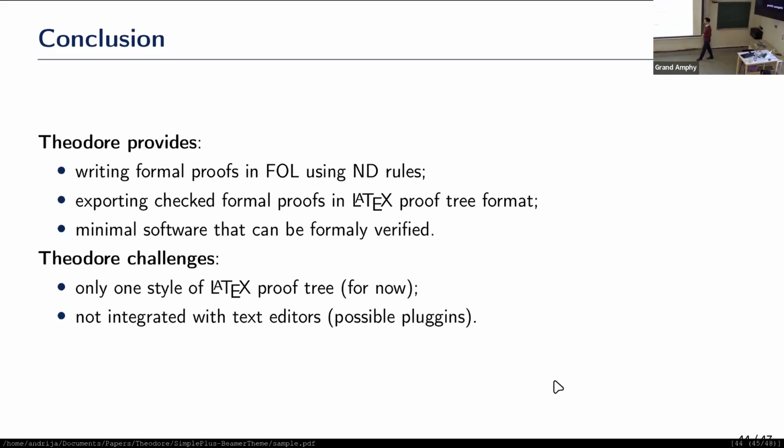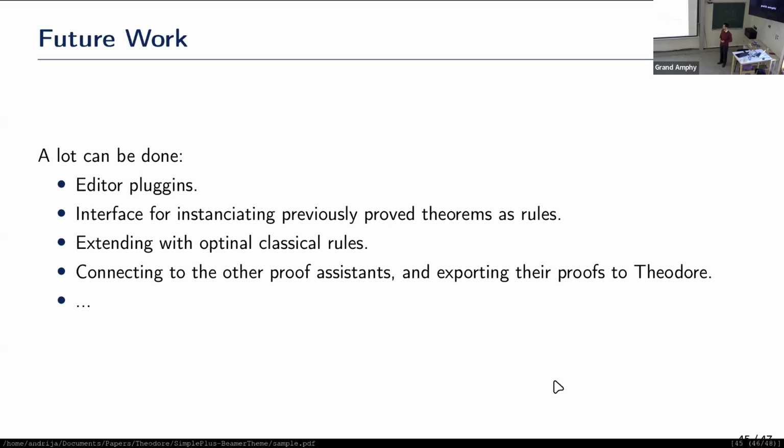So it would be nice to make some plugins for this, possibly for VS Code or Emacs or Vim or something else. So there are a lot of things that can be done from now on.